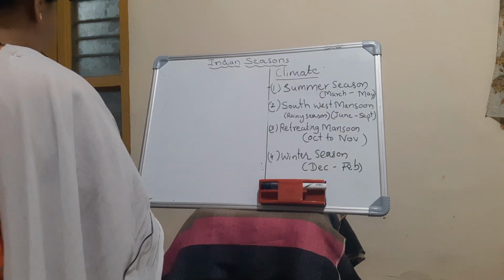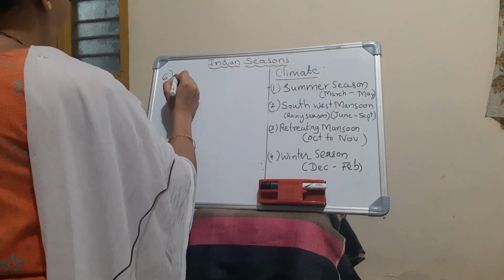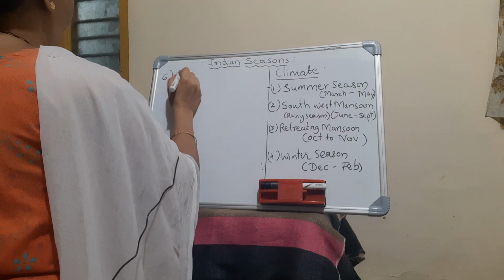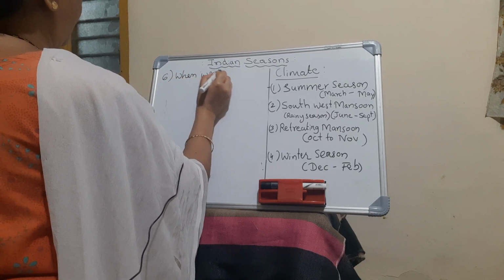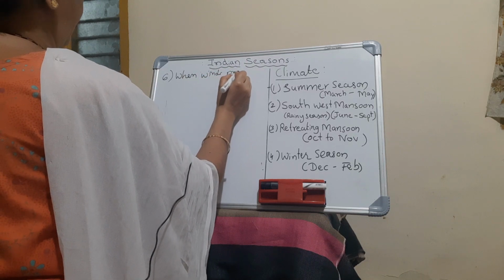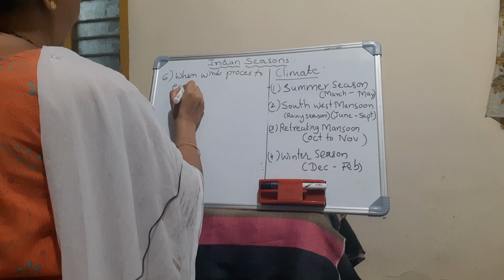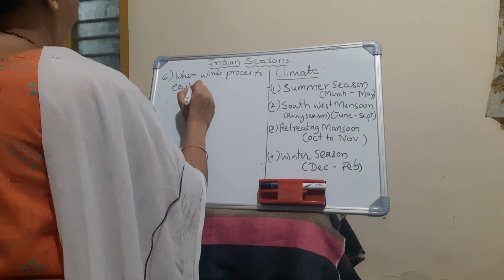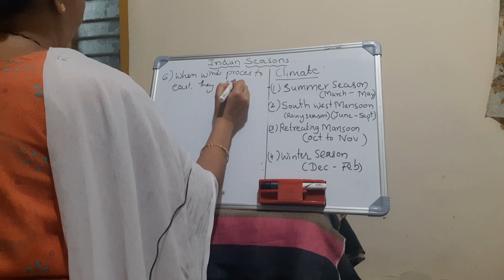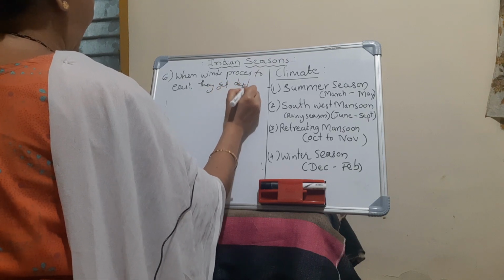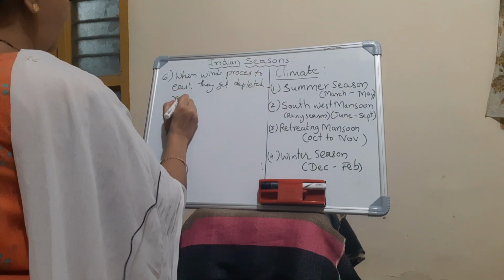Yes, sixth one. When winds process to east, they get depleted. Depleted means empty of rain.